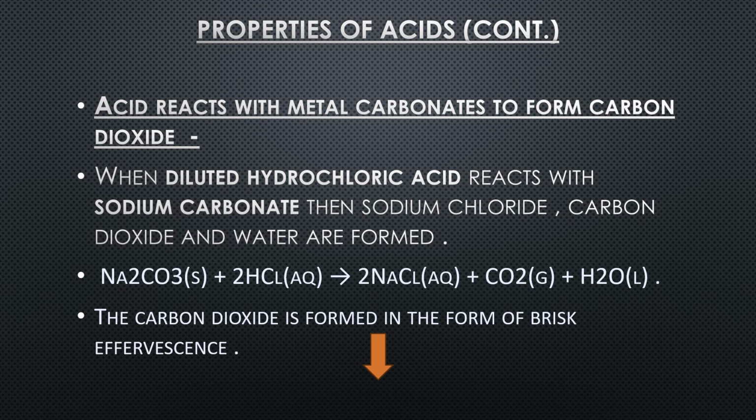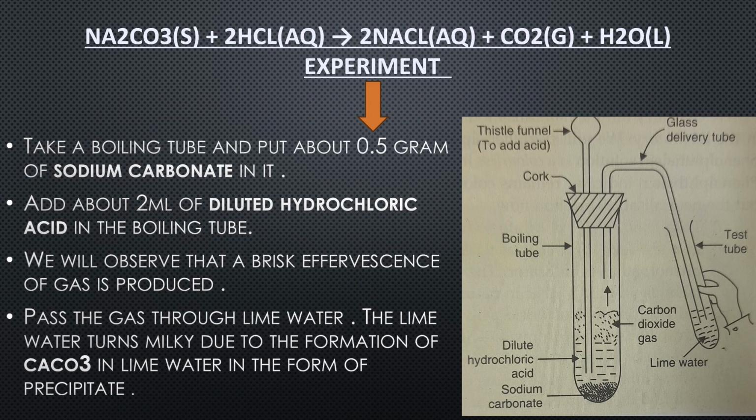Now we can show this by one experiment also. Take a boiling tube and put about 0.5 grams of sodium carbonate in it. Sodium carbonate is in solid state, in powder form. Add about 2 ml of dilute hydrochloric acid in the boiling tube.